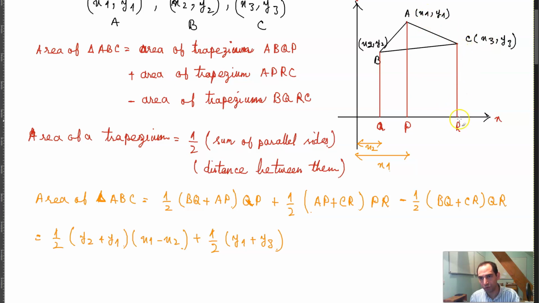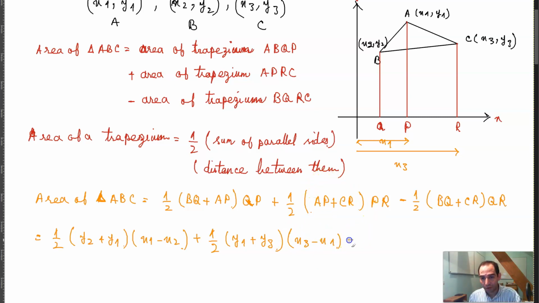This point over here is x3, and this distance over here is x1, right? So this distance here would be x3 minus x1.